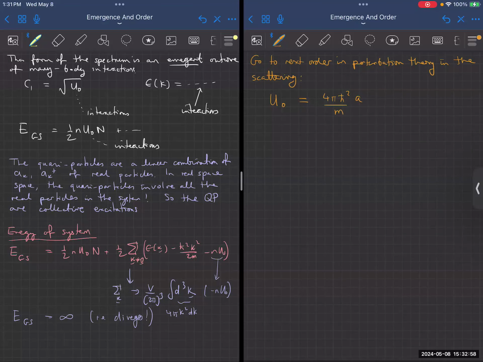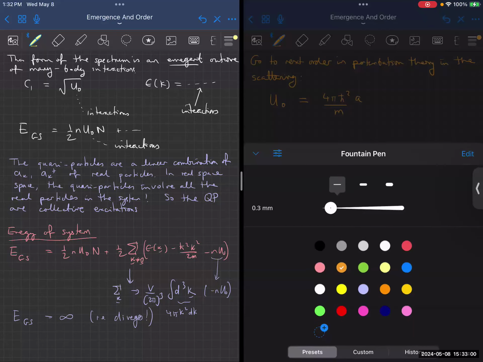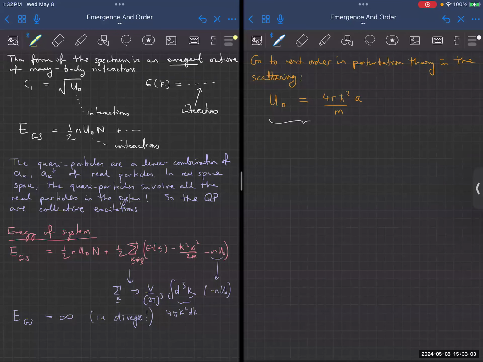This is the result we had before for the pseudo potential. So we showed that the pseudo potential strength was related to the S wave scattering length. And somehow related to the cross section.